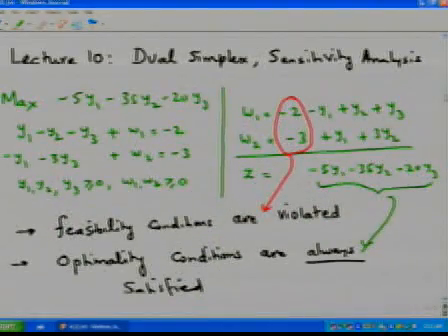let's go on. So here's a linear programming problem. Maximize minus 5y1 minus 35y2 minus 20y3, subject to a couple of constraints and non-negativity restrictions. And notice that this particular problem is written in standard form, the way we understand it, right?